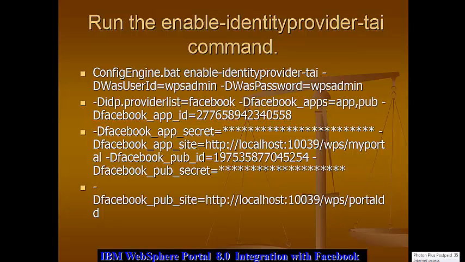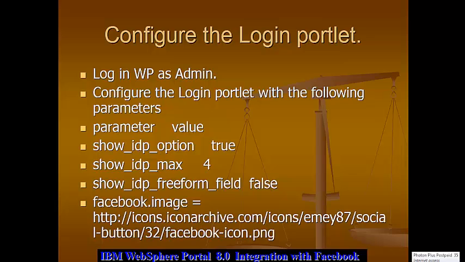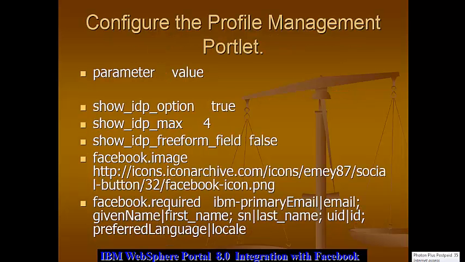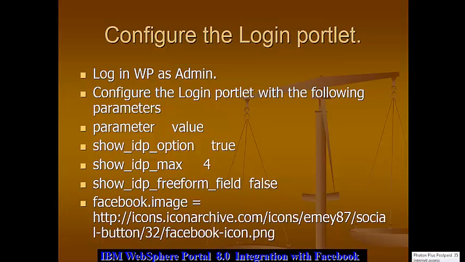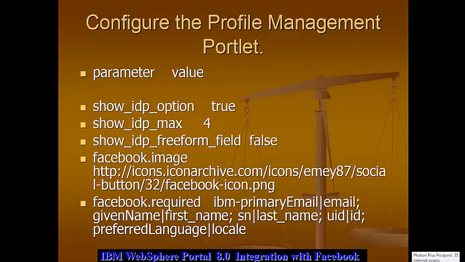After running the enable identity provider TAI command, the next step is to add some preferences to the login portlet as well as the profile management portlet. What is this information? First parameter: show IDP option is true, show IDP max option is 4, show IDP freedom field false, and Facebook image.